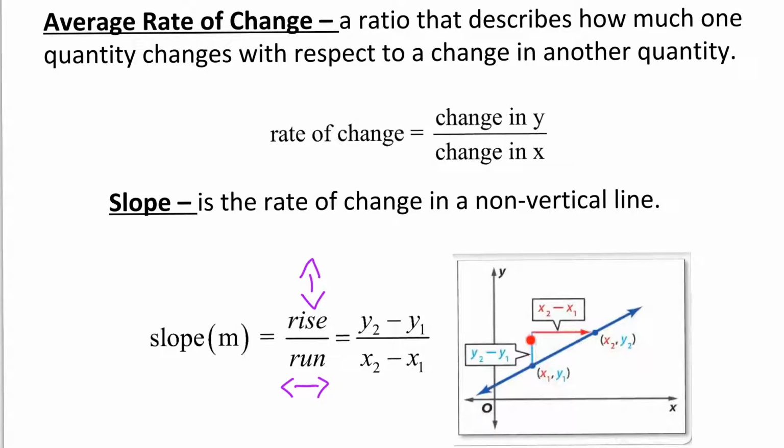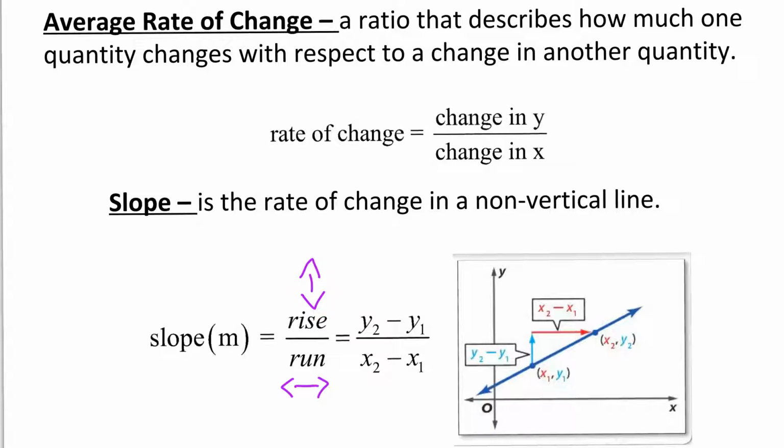If you go up, your value of rise is going to be positive, and when you go to the right, it's going to be positive. If you go down, it's going to be negative, and if you go to the left, it's going to be negative. But usually, when we start using rise over run, we're always going to go to the right. So let me just make a couple notes right here when you look at the arrows.